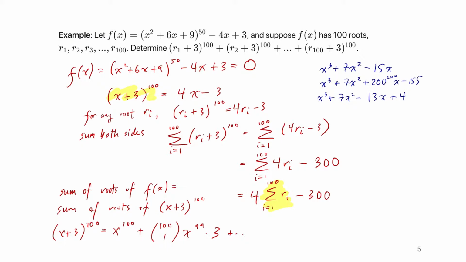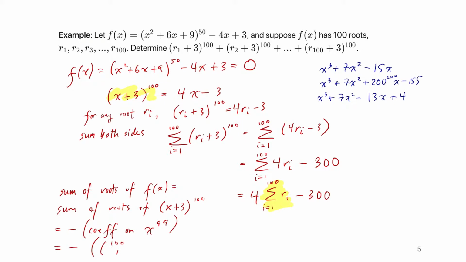And so, what's the coefficient on x to the 99? 300. 100 times 3. So what's the sum of the roots? Negative 300. Okay? So to write it a little more explicitly, the sum is equal to the negative of the coefficient on x to the 99, which is negative of 100 choose 1 times 3, which is negative 300.